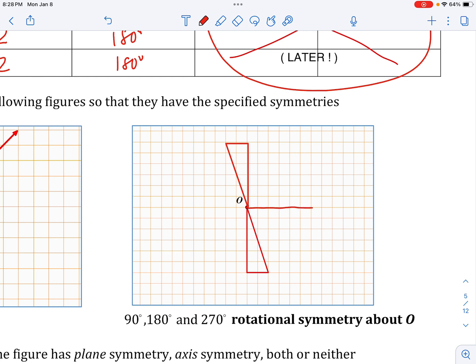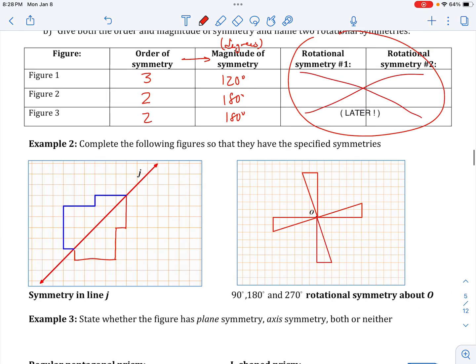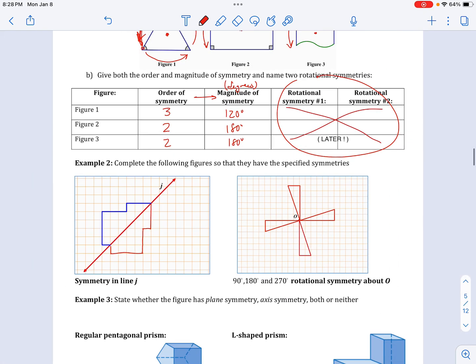Is that 6? That is 6, and this is 2, and this is 4. It's hard to make sure you do this in the right direction. So now it looks like a windmill, and all of them are pointed in the same direction. If I rotate it, it should land exactly on itself.